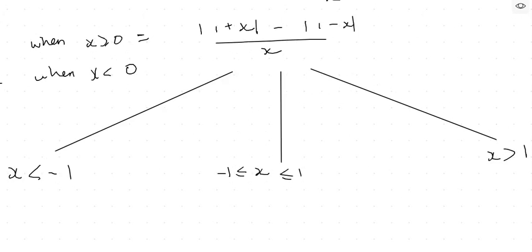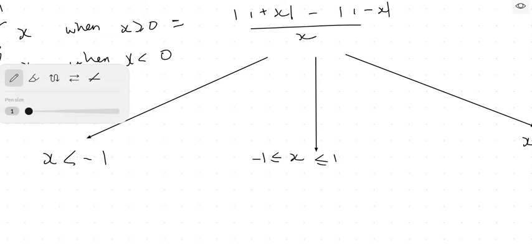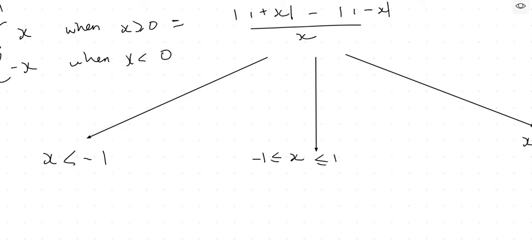Okay? Back to our 3 conditions. I'll do them in different colours, shall I? So we've got the red one first. When x is less than -1, 1 plus x is negative, and 1 minus x is positive, I think.